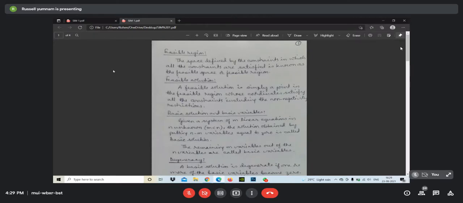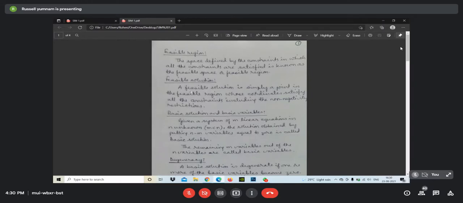For solving a linear programming problem in the graphical method, you draw the graph of the given equations. Then a bounded region is given, and that region is simply called the feasible region. It may be bounded or unbounded, but mostly we consider bounded.